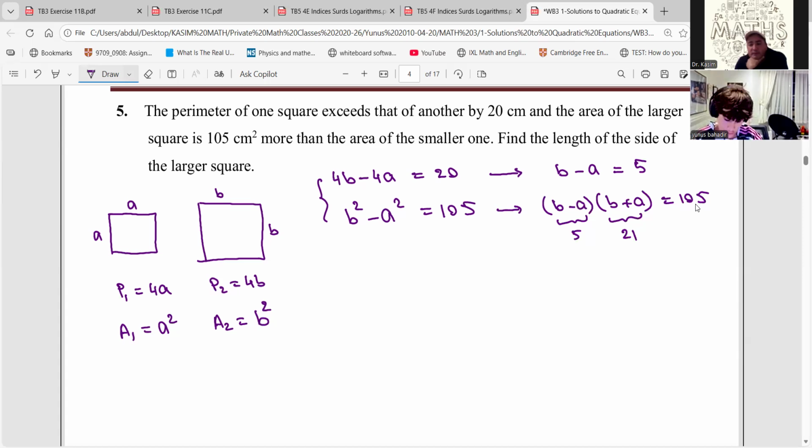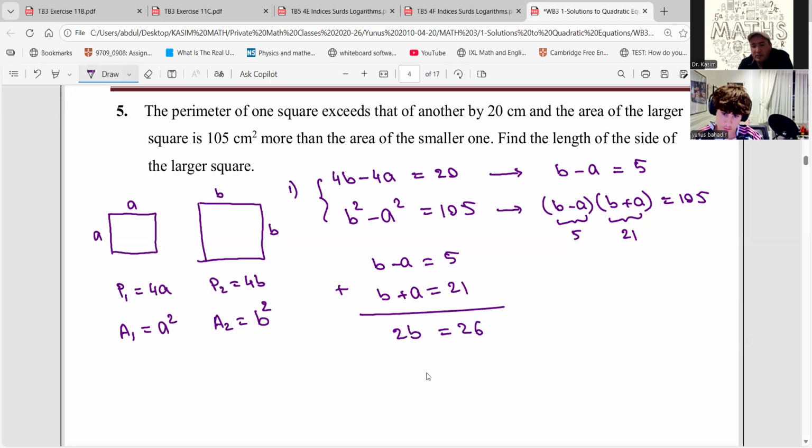Okay. And now I'm setting up another set of equations. I know that B minus A is equal to 5, and from the second equation, B plus A is equal to 21. It's a system of linear equations. If you add these, 2B is equal to 26, so B is equal to 13.